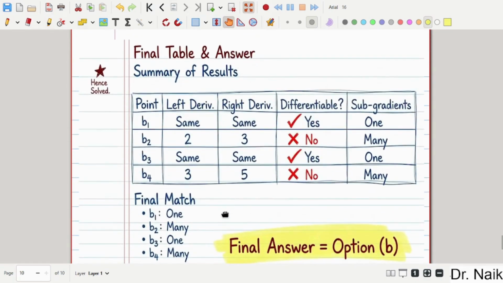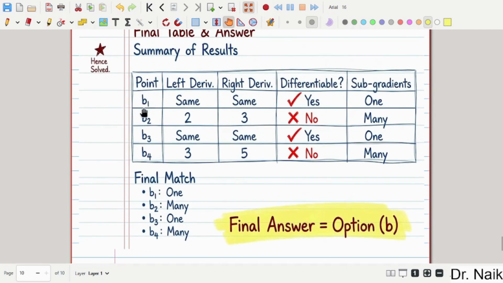So let us summarize the result. At B1 we have only one derivative, therefore it is differentiable and has one subgradient. At B2 the left hand derivative is 2 and the right hand derivative is 3, which are not equal, so it is non-differentiable and has many subgradients.